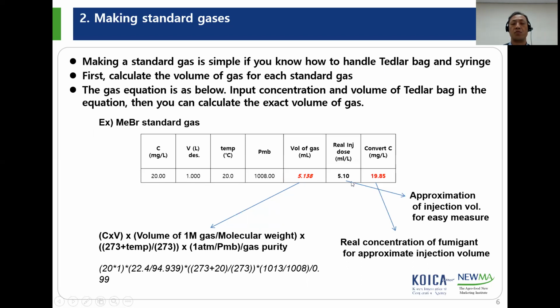But we can inject approximately for easy measurement. This is a real injection dose. At that time, we should also calculate the real concentration by the approximate injection volume.